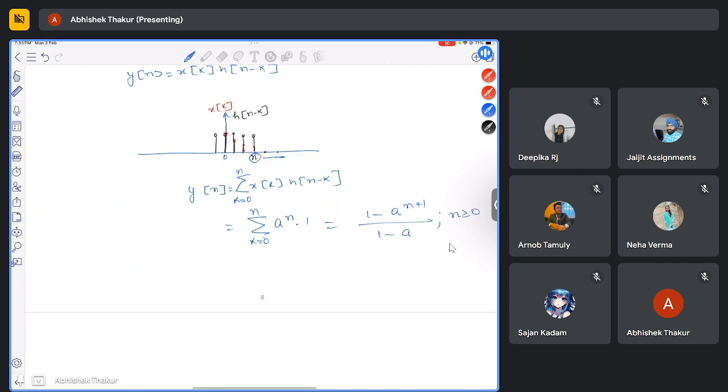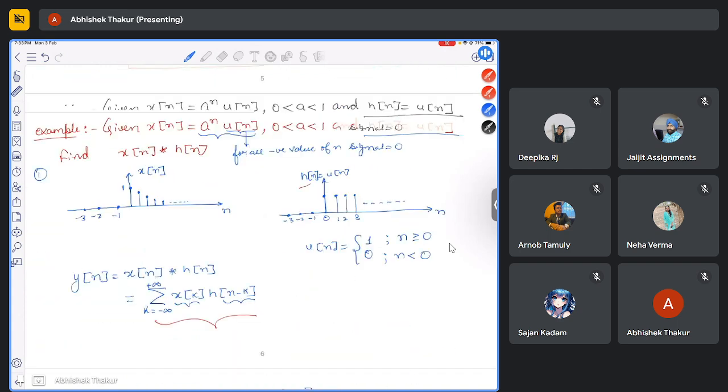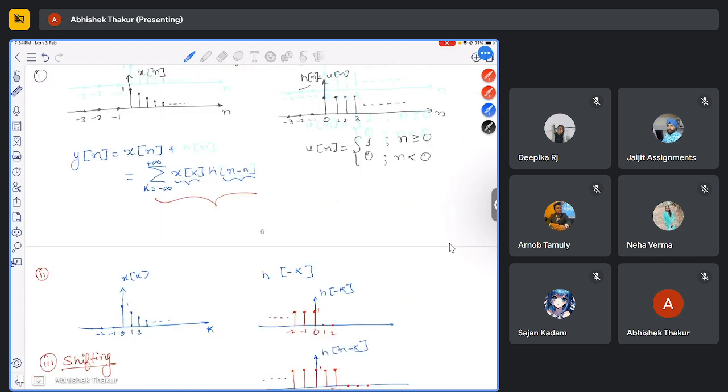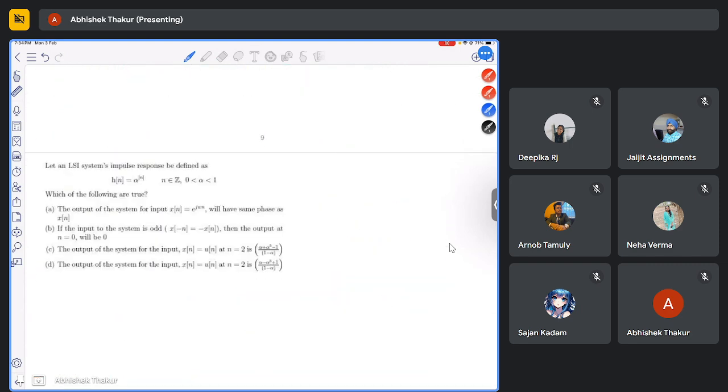So this is our answer. This way we can do the graphical approach for the convolution, but we will also see some more questions based on this.